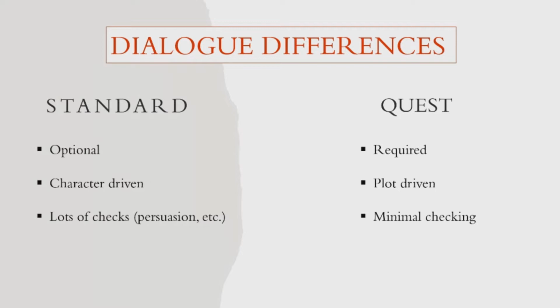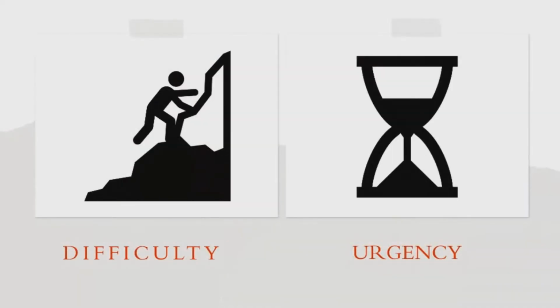So here are two more aspects to consider when you are looking at the meta big picture of dialogue: difficulty and urgency. Difficulty is a little bit misnamed because it makes it sound like it's about being on legendary difficulty or something like that. It's not. It's about how hard it was for the player to get that dialogue.